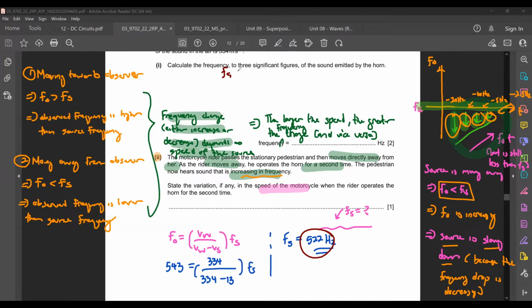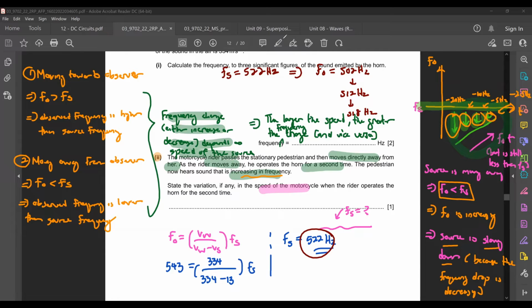Say your frequency of your source is 522 hertz. If you're talking about observed frequency, right now what you're probably seeing here is something like this: 502 hertz going to 512 hertz, then going to 518 hertz, and so on and so forth.